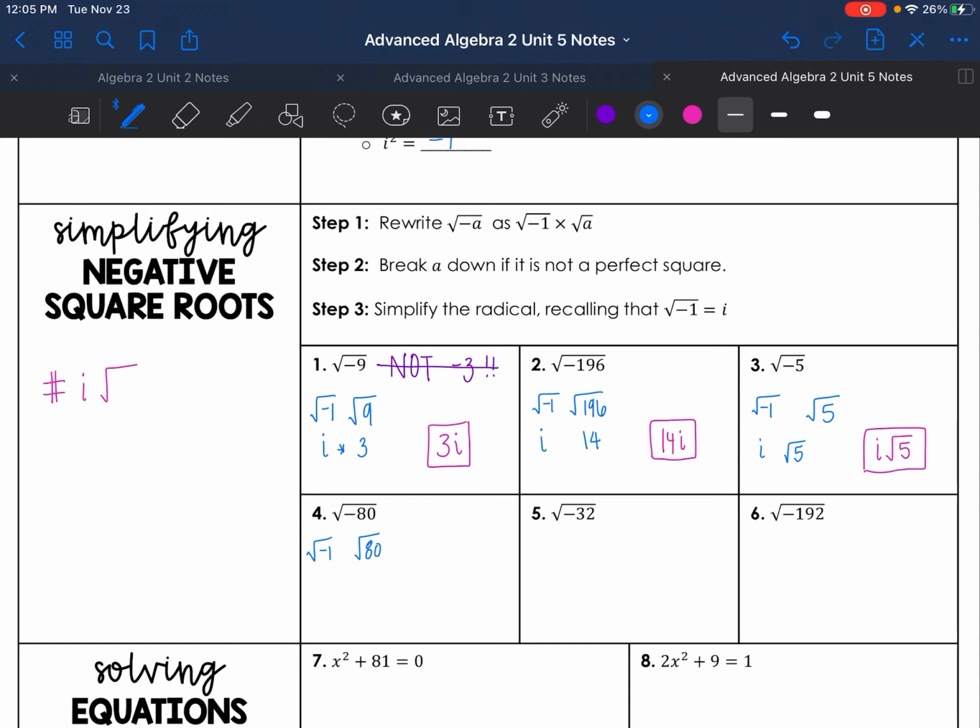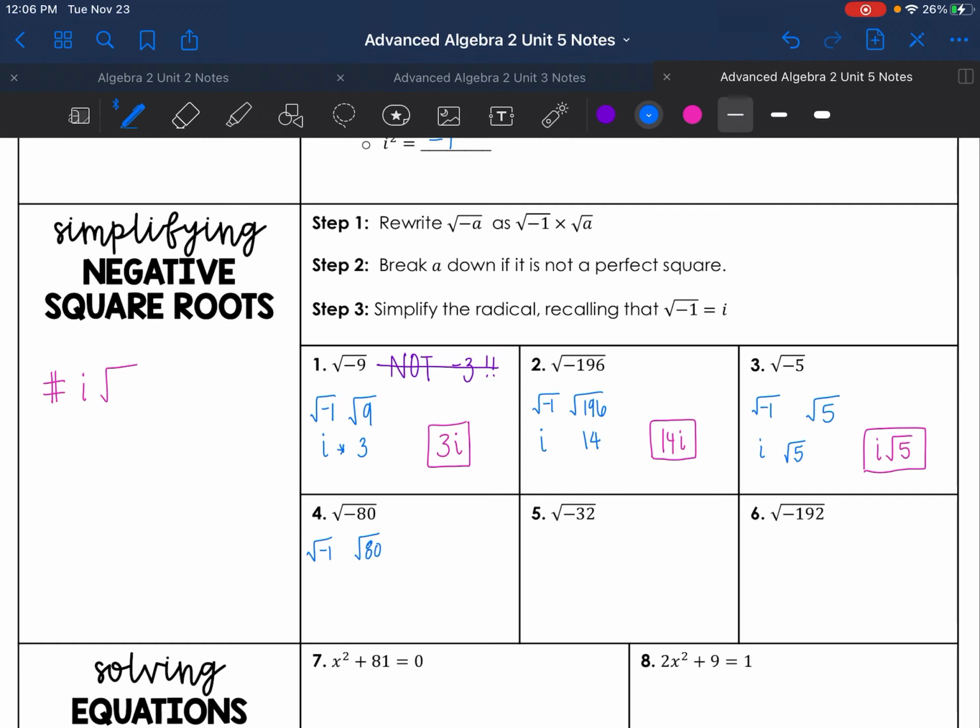Start with some of your perfect squares. Maybe try 36, I don't know. Go through your perfect squares and find the biggest one that goes into 80.